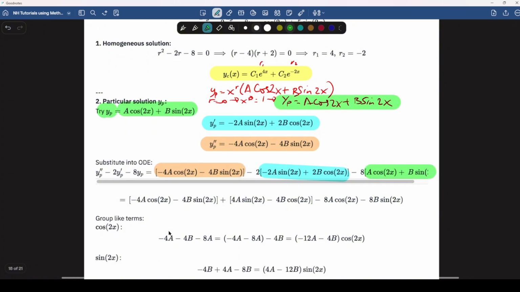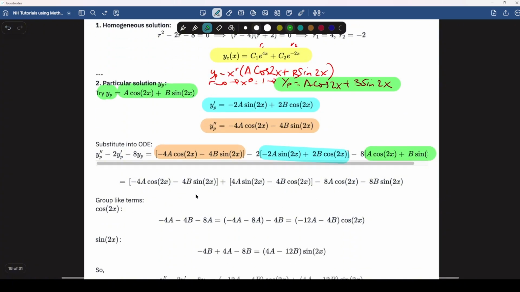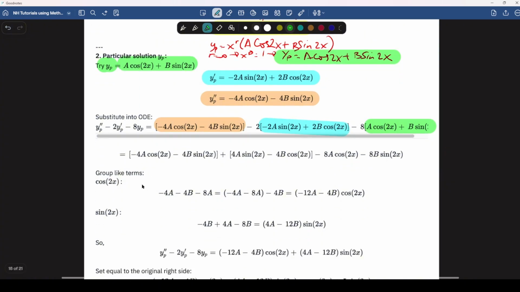Once we proceed with this, we group the terms: we have sin 2x and we have cos 2x. For the cos 2x, we have negative 4a, negative 4b, and negative 8a, which equals negative 12a minus 4b, times cos 2x.